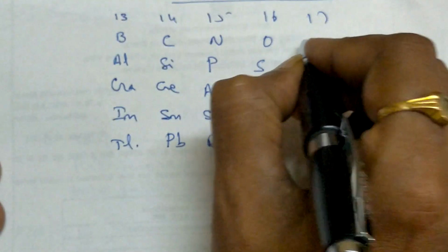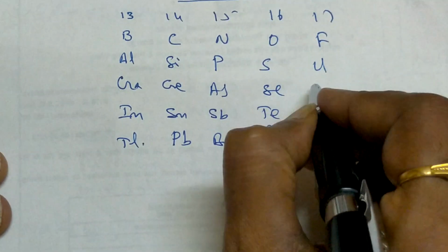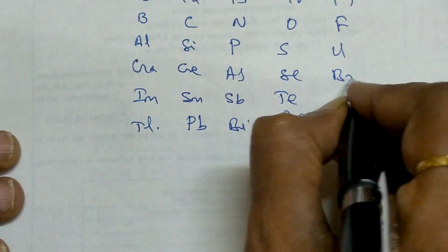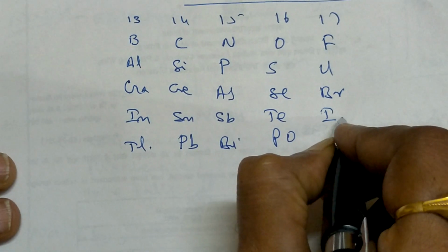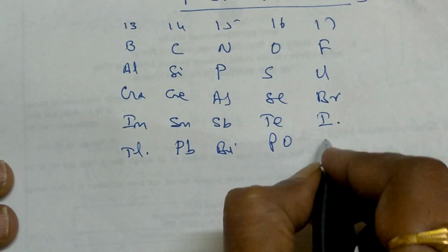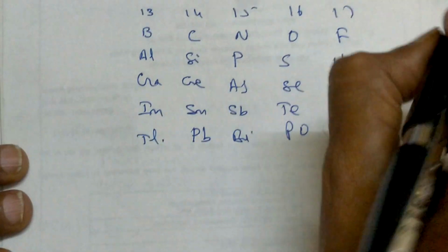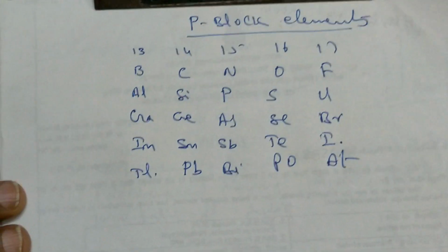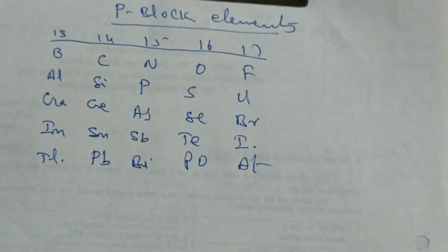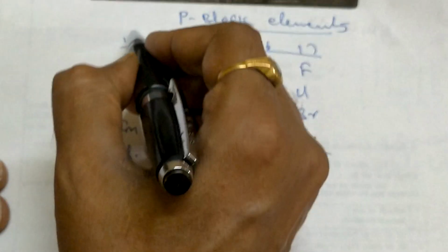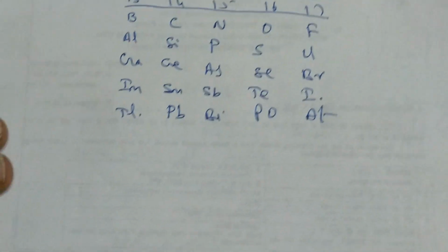Group 17 we will see fluorine, chlorine, bromine, iodine, astatine. Group 18 I am removing, and the last one also we are removing. Out of 6, we are considering only 5. In this first year, it is only 13 and 14 of the P block elements.